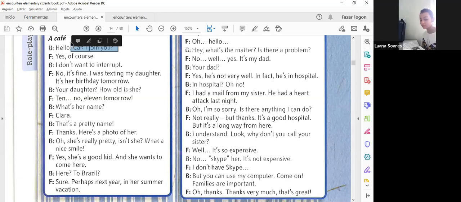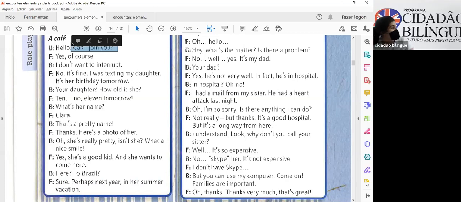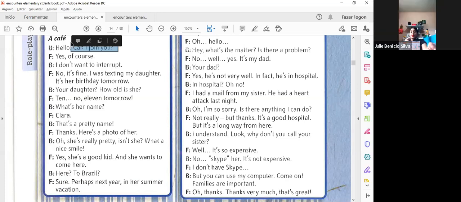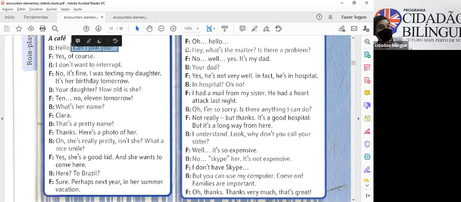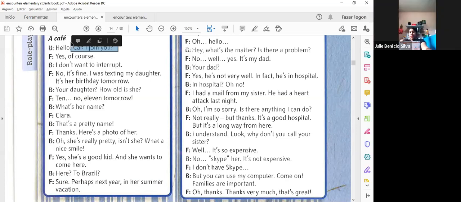Posso sentar aqui com você? Posso me juntar a você? Can I join you? Professora, também pode ser, posso me juntar a você, não é? Exactly. Posso me juntar a você? Ah, obrigada. No problem. Okay.